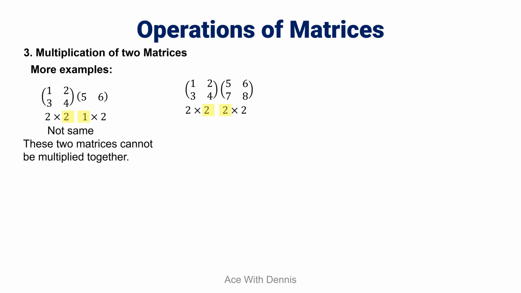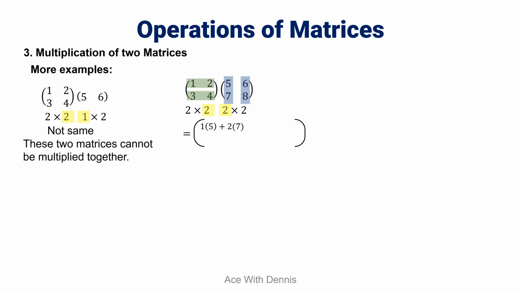So what you can do is, for the first matrix, you group the elements in a horizontal manner. For the second matrix, you group the elements in a vertical manner. So after that, you can start to multiply them together. The first element of the product will be 1 times 5 plus 2 times 7.